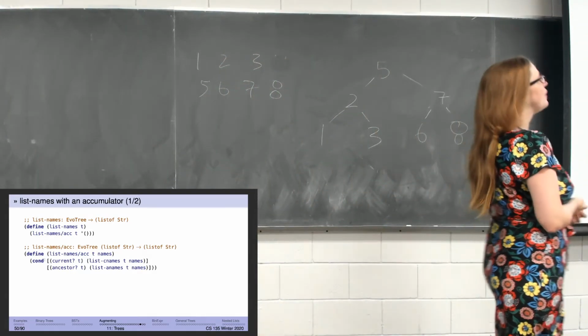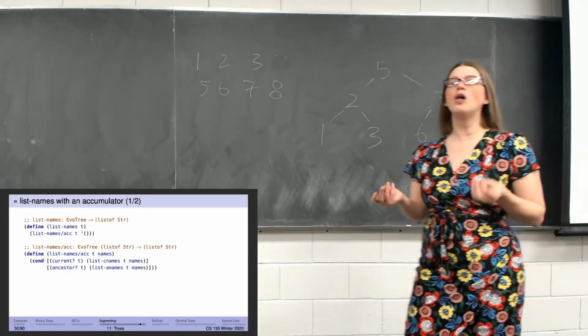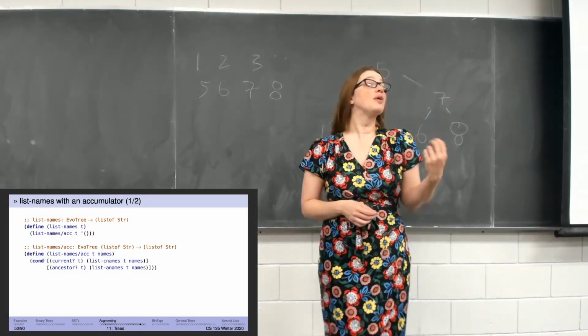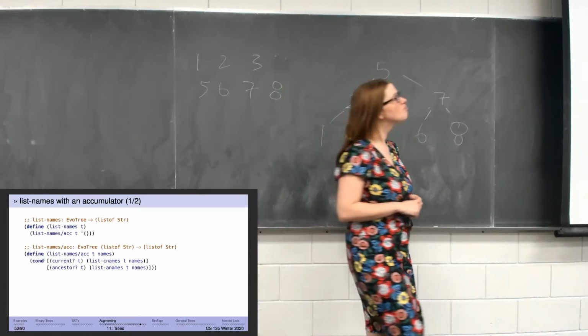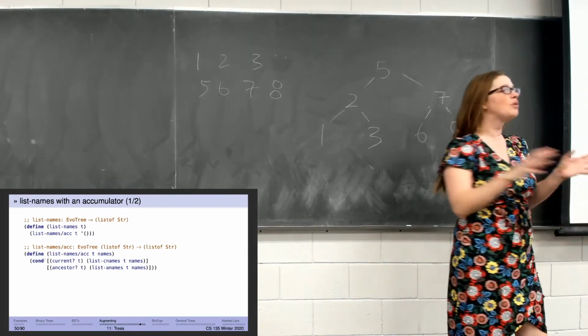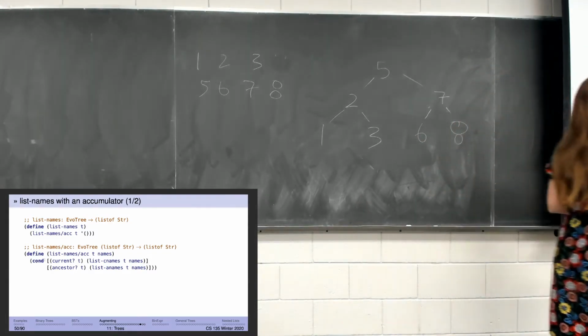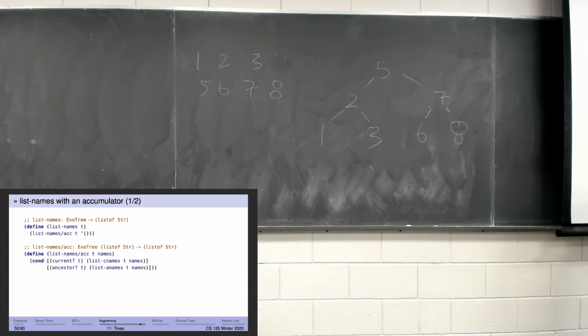So we have our wrapper function. Now, our result is supposed to be a list of all of the names of the species in the tree. So our accumulator should start out as an empty list because we're accumulating the names. Then our actual accumulative recursive function is going to be the one that maps to our main template. So if it is a current species, we are going to call this function here, list C names, that's going to do something.